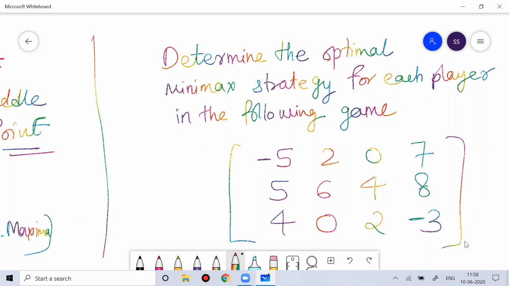Tell me the answer for this problem, guys. Very good, Devika.